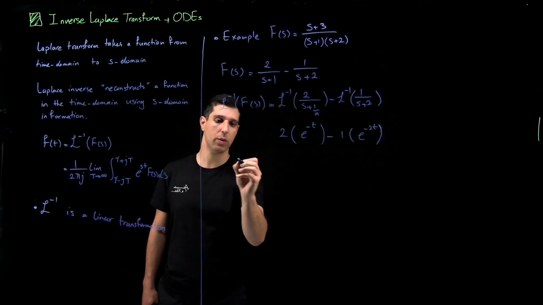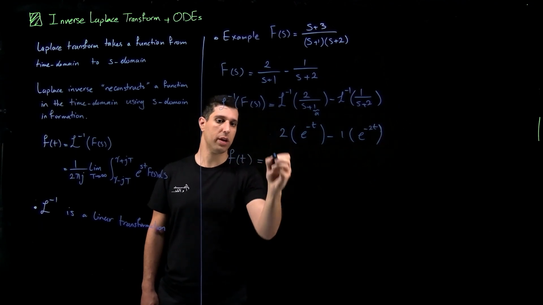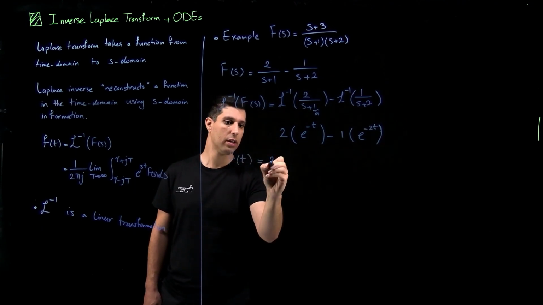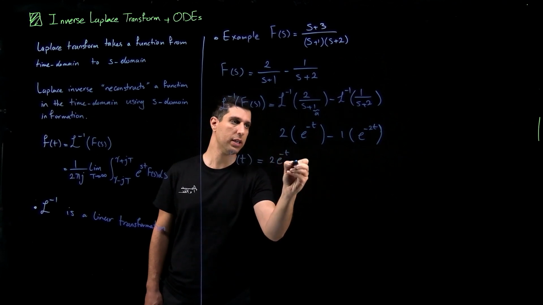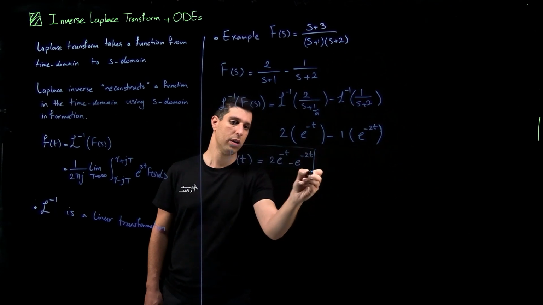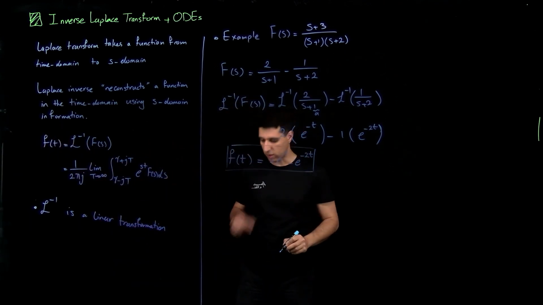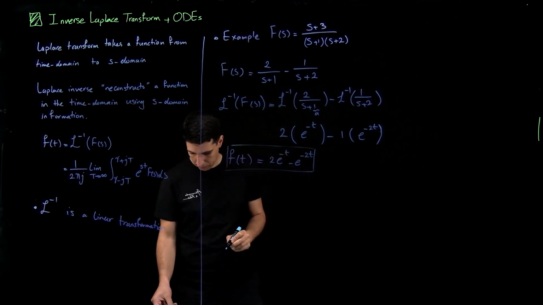So really, with this simple trick, I could reconstruct my f of t to be 2e to the minus t minus e to the minus 2t, without trying to use this integral to calculate it.